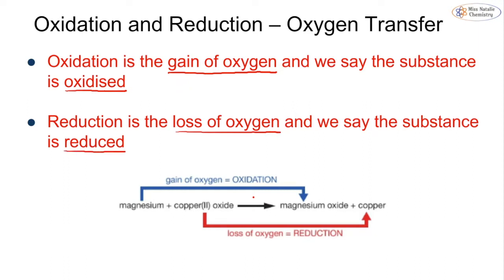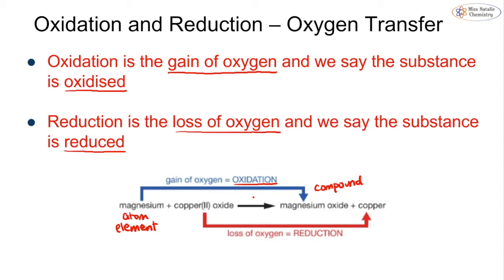So if we look at an example, if we have magnesium plus copper 2 oxide to give us magnesium oxide and copper, you can see that the magnesium is going from an atom or the element on its own, and it is gaining oxygen to form a compound with oxygen. So we say that the magnesium is undergoing oxidation.